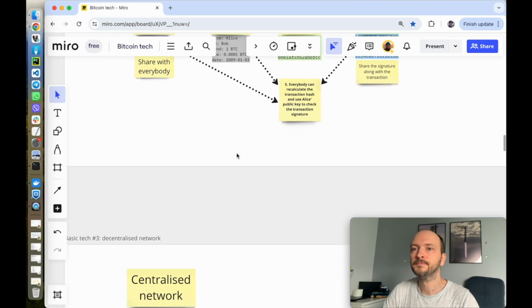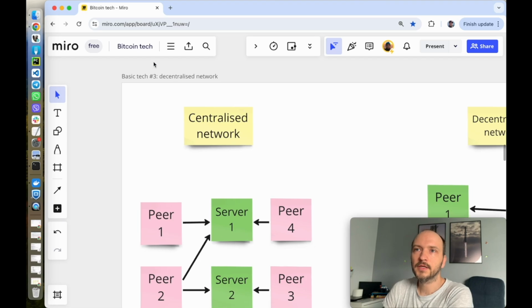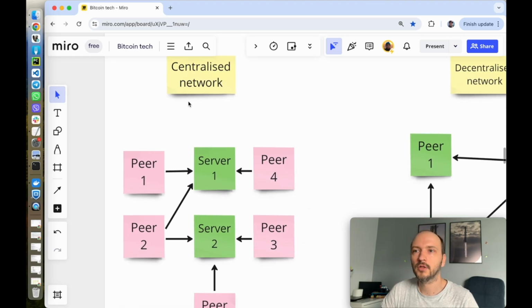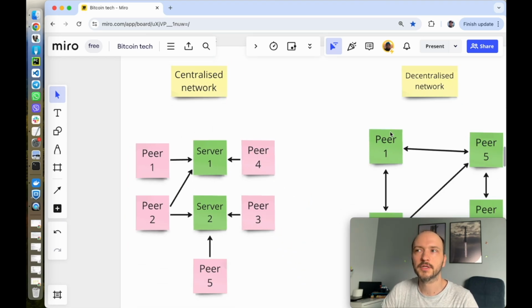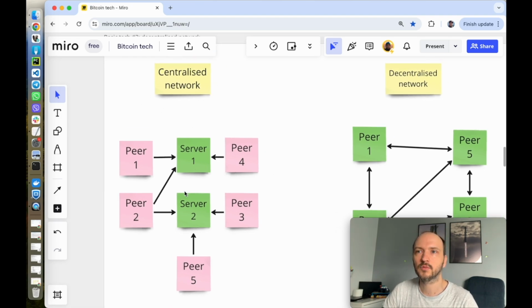Let's move forward. The next key thing is the decentralized network, and I will explain the difference between centralized and decentralized networks also with an example. A centralized network looks like this. You have peers which are connected to some servers. There may be one server or multiple servers, but still there is a big difference between the roles of peers and the roles of servers.